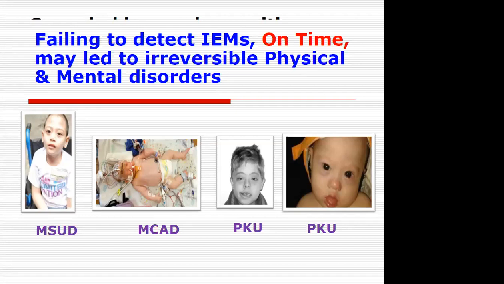And he or she will not go on to mental retardation or irreversible physiological disorders such as kidney failure and liver failure.